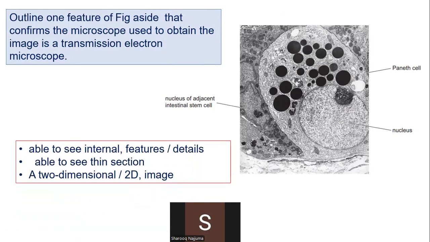Feature number one, I'm able to see internal features, which simply means a transmission electron microscope was used. And then it's a very thin section that is being shown. And these electron microscopes, especially the transmission ones, provide images that are in 2D. So this is a 2D image, and these show us that it is a transmission electron microscope that was used.